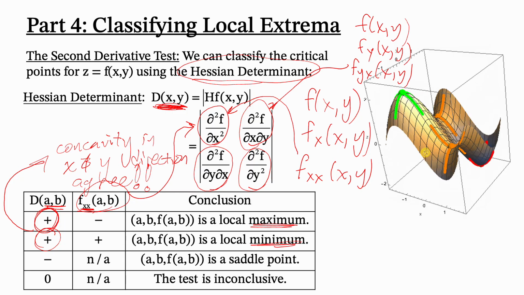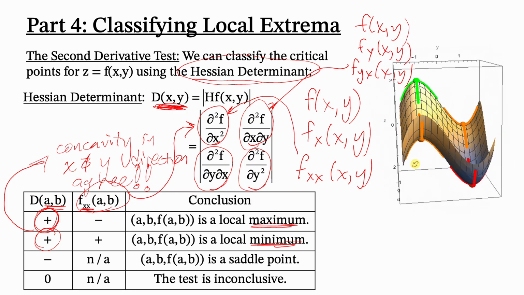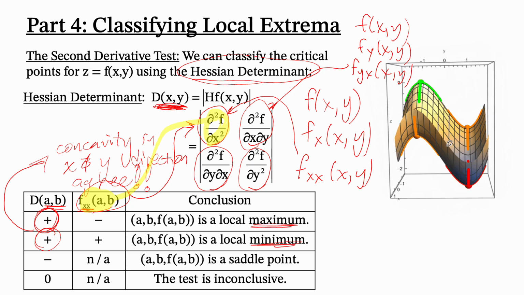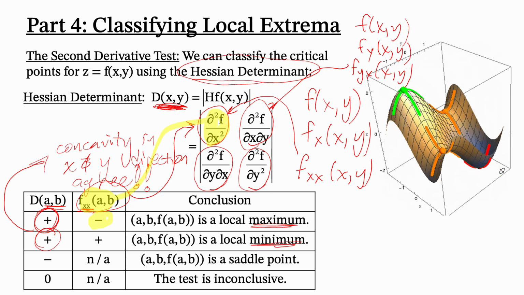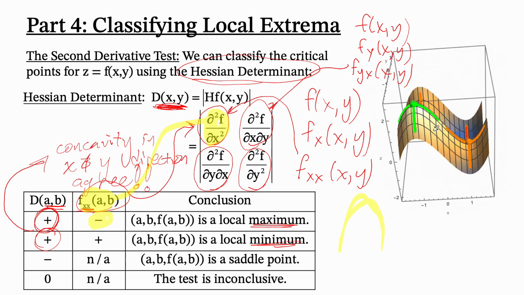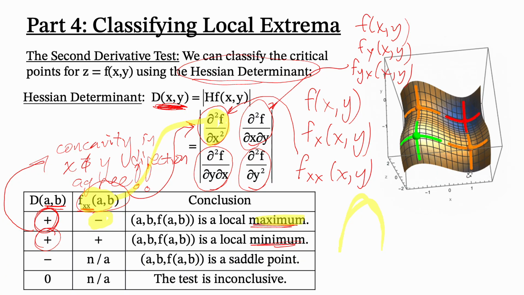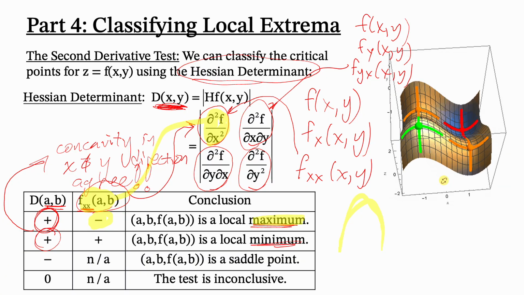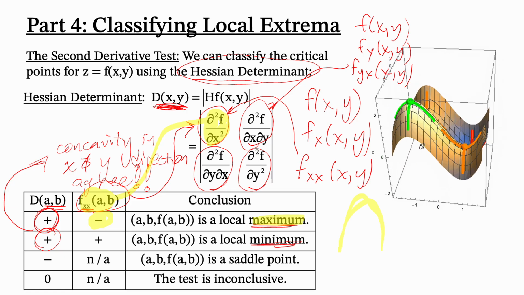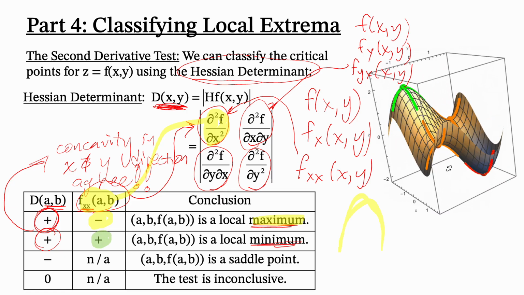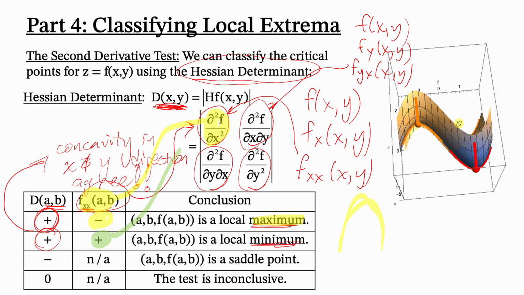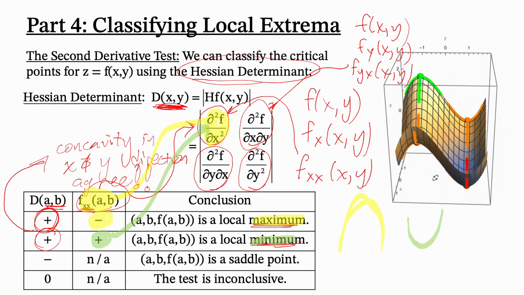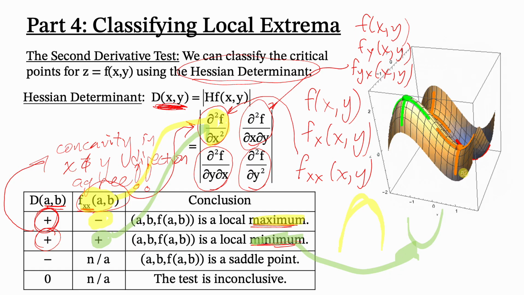So you take this one right here, and if it's negative, well, negative would be concave down. Concave down aligns with a maximum. Or likewise, you can look at that second derivative with respect to x, this entry right here, and when it's positive, that would be concave up, and that would be a minimum.